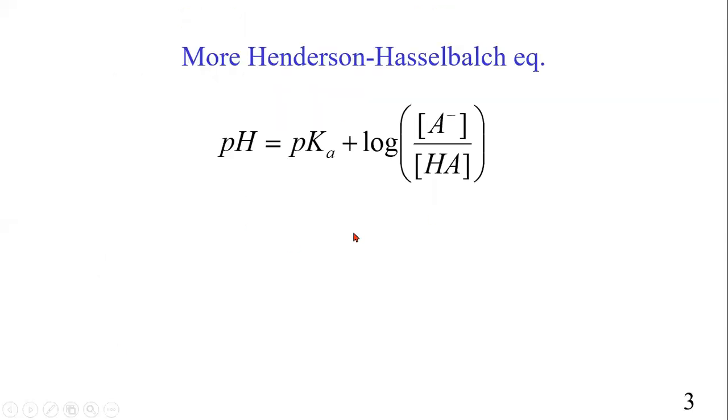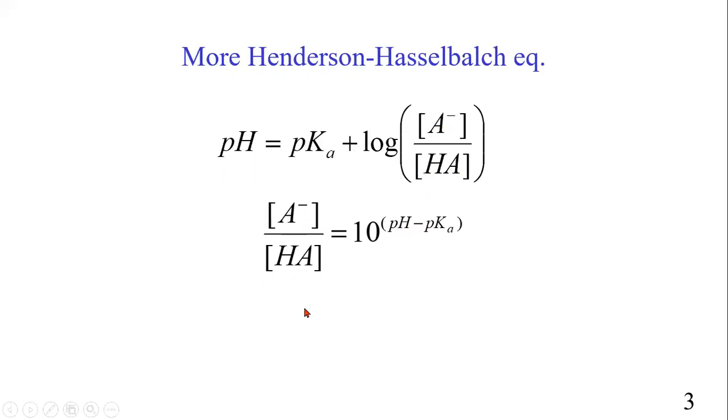All right, what else can I do with this Henderson-Hasselbalch equation? Well, you can derive a few other calculations, such as if I am given the pH of a system, I can take the pH minus the pKa, take the antilog, and then I can get the ratio of my A- to HA, which gives me that pH value.